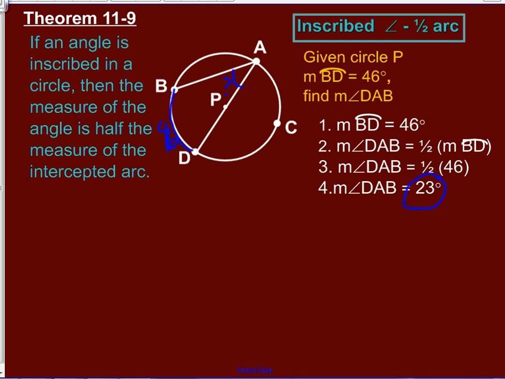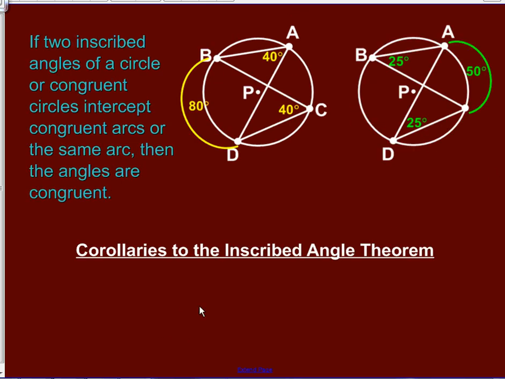So from there we can go the opposite way. We can think about the corollaries to this inscribed angle theorem. Basically, this first part of the corollary states that if two inscribed angles of a circle, or congruent circles, intercept congruent arcs or the same arc, then the angles are congruent.